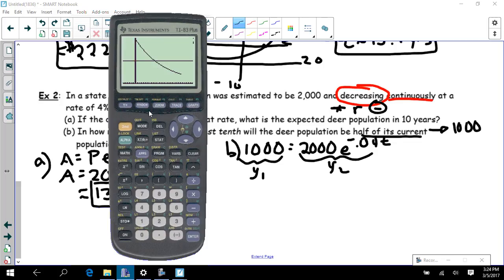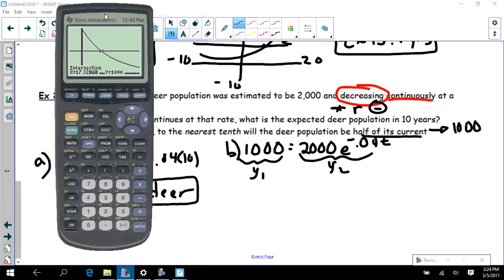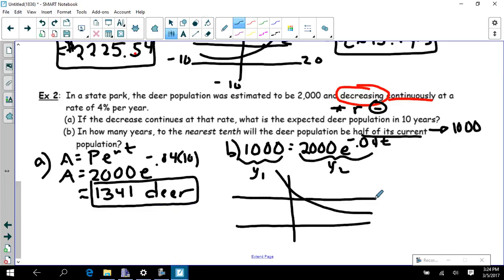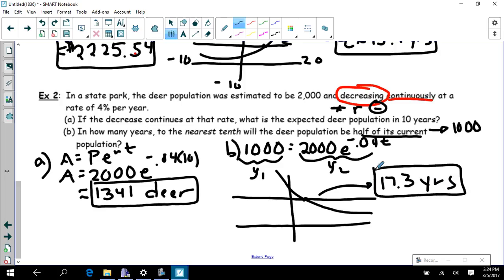And second calc, intersect, first curve, second curve, guess. 17.3 because it said nearest tenth. So don't just write that, show me your graph. So 17.3 years. And we had negative 10 to 50, I believe, and negative 10 to 2,000.